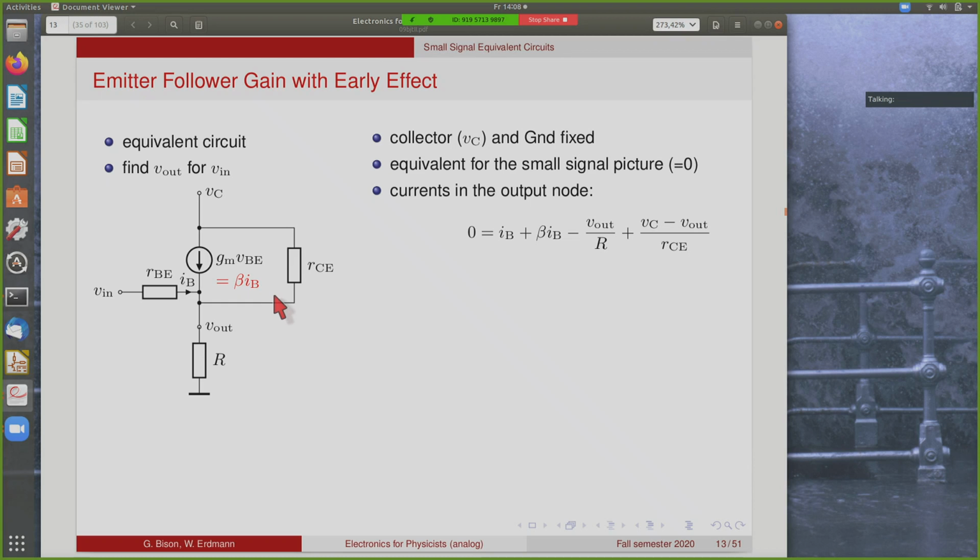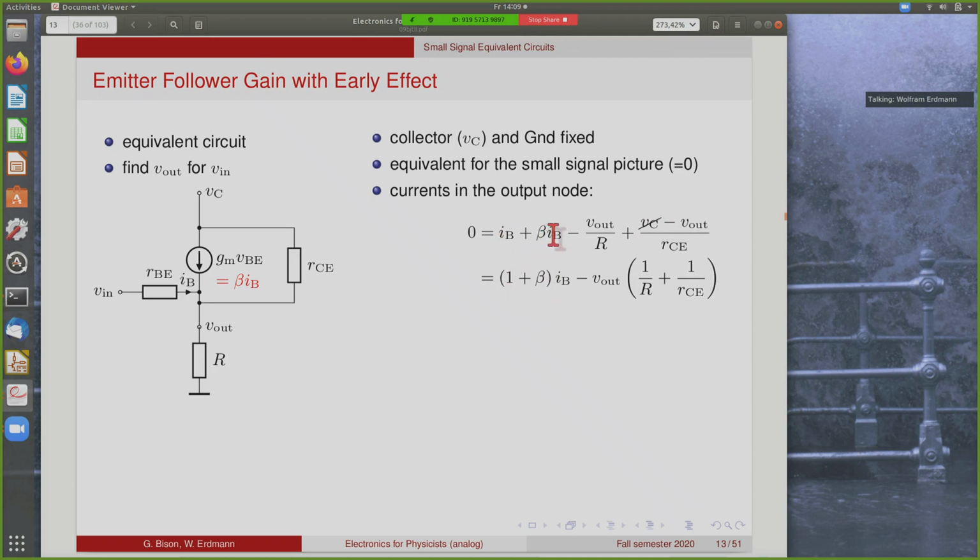And we have the current through RCE, which is again flowing in, and which is VC minus V out divided by RCE. Now we said that the collector voltage can be set to 0, so this simplifies to this expression.